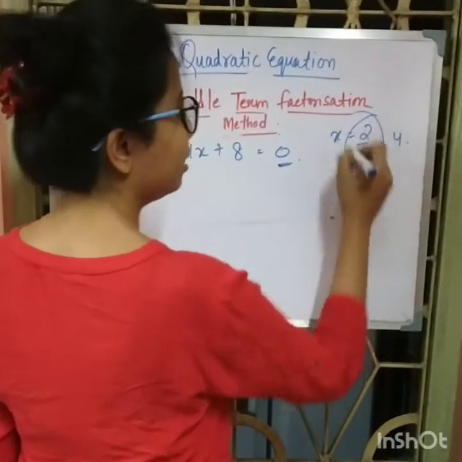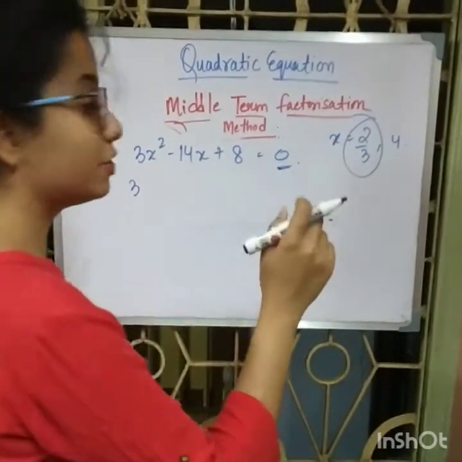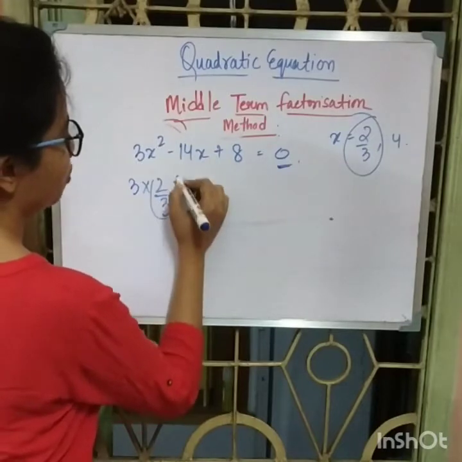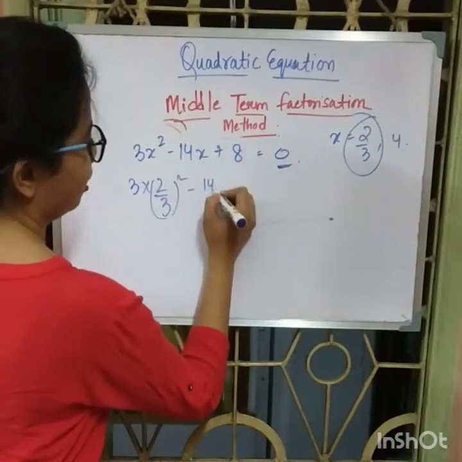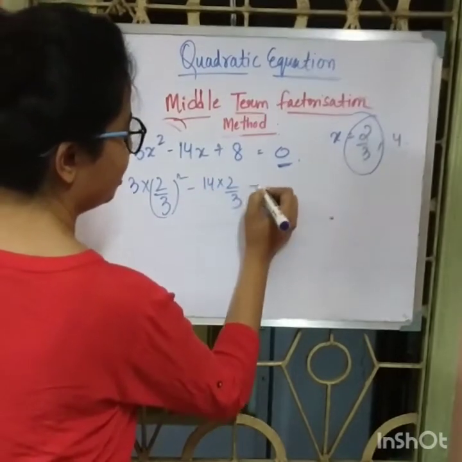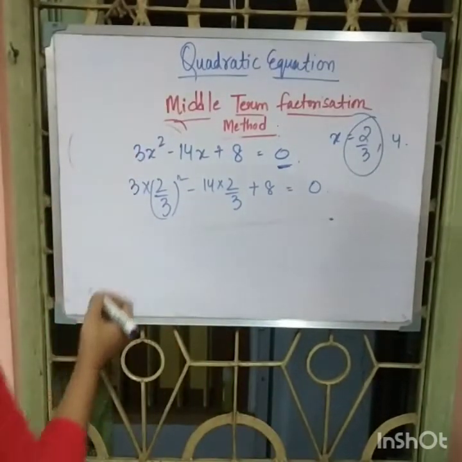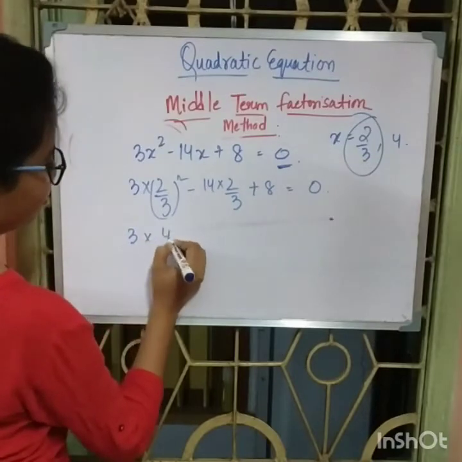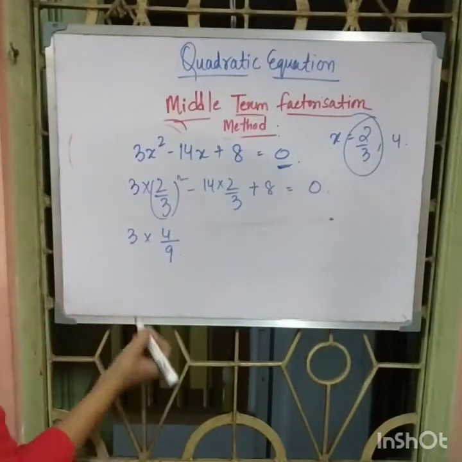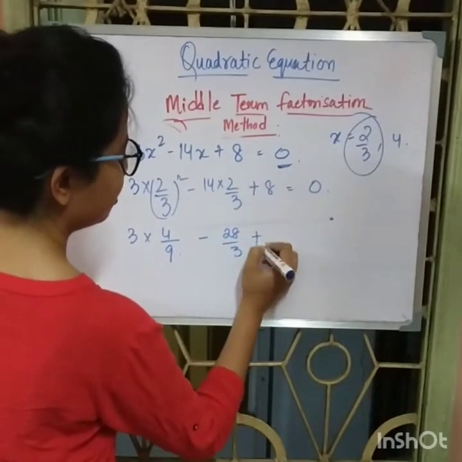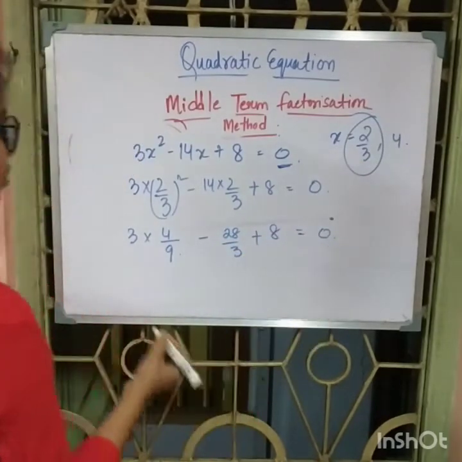First we are going to take one solution, that is the first solution 2 by 3. So we'll write here 2 by 3 square because there is x square, and we'll write here 2 by 3 plus 8 is equal to 0. So this comes as 4 by 9 minus 28 by 3 plus 8 is equal to 0.